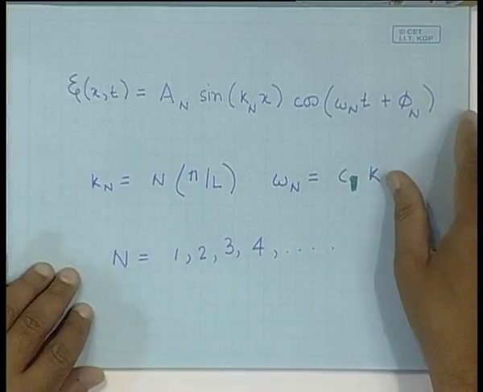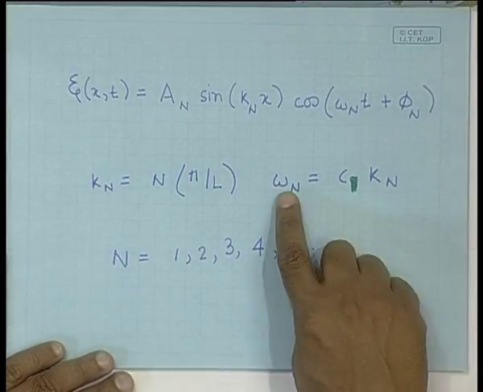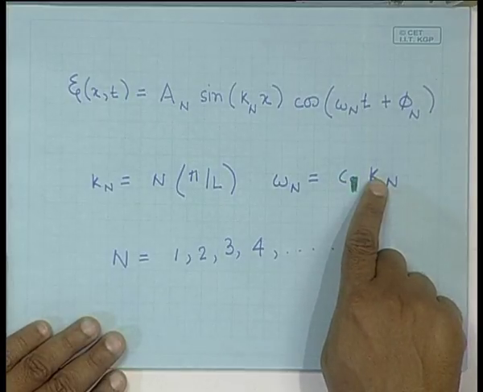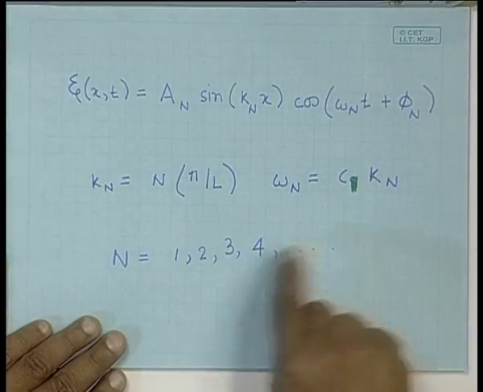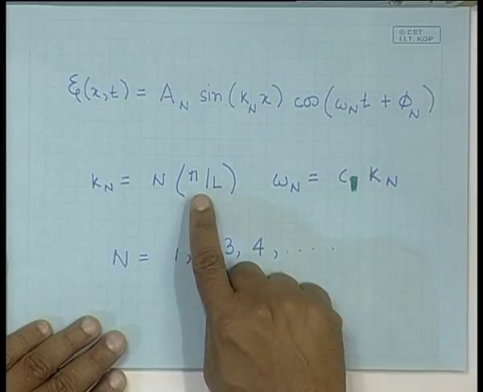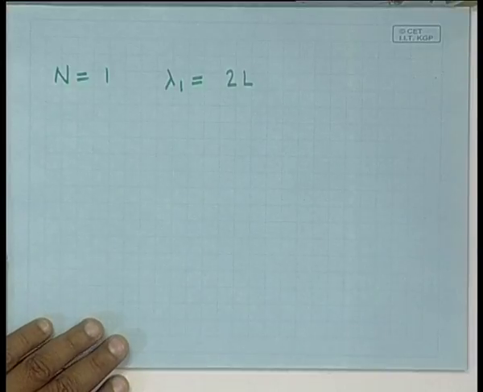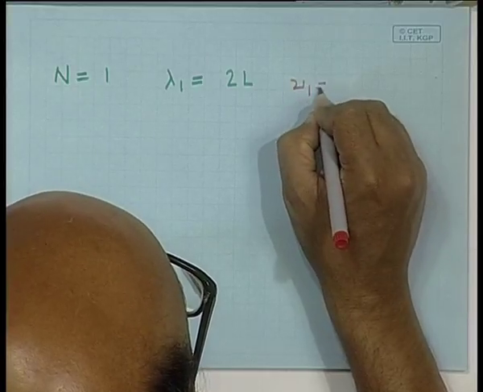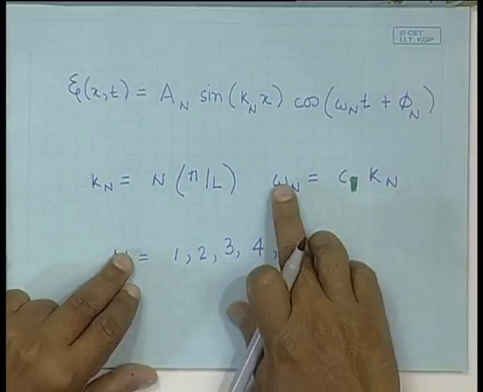What is the frequency of this vibration? So, omega 1 is c times k 1, omega divided by 2 pi gives us the frequency, k 1 we know is pi by L. So, I have to divide it by 2 pi. So, the frequency nu 1 is c times pi by L divided by 2 pi.